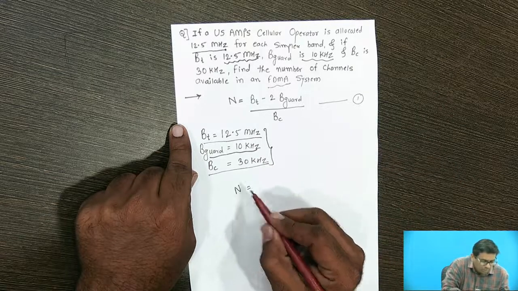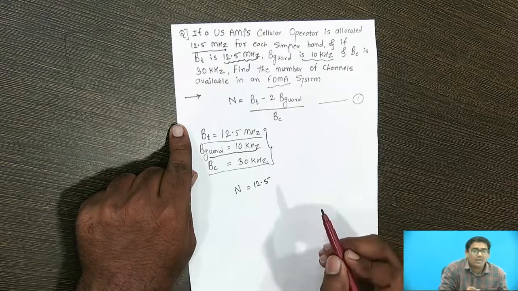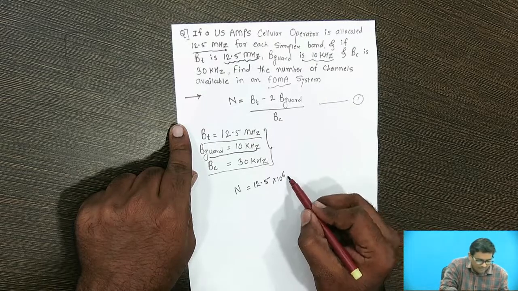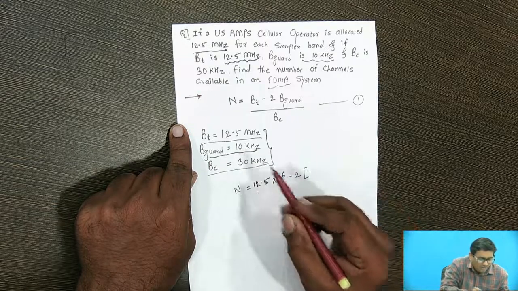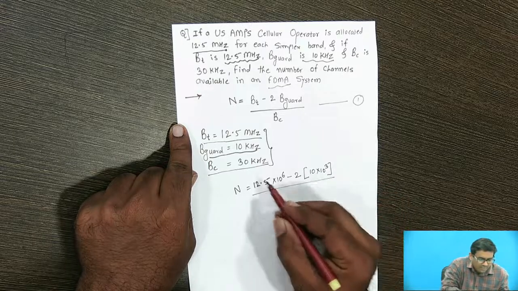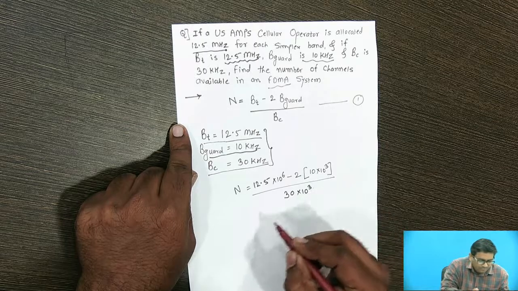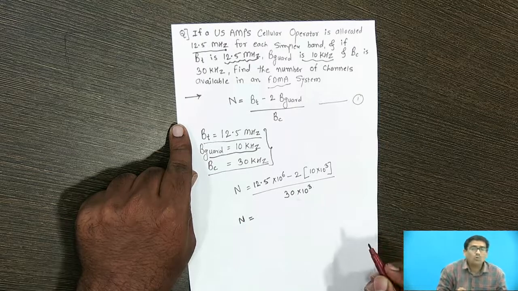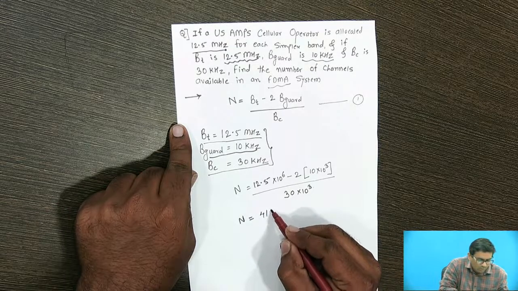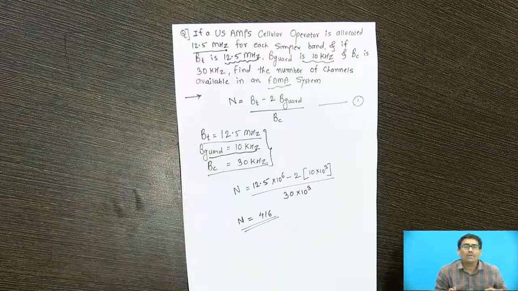Therefore N is equal to 12.5 megahertz, which I convert into hertz, 12.5 into 10 raised to 6 hertz, minus 2 into B guard, where B guard is 10 kilohertz, that is 10 into 10 raised to 3 hertz, divided by BC, that is 30 kilohertz, that is 30 into 10 raised to 3. When we solve this, we get N is equal to 416.